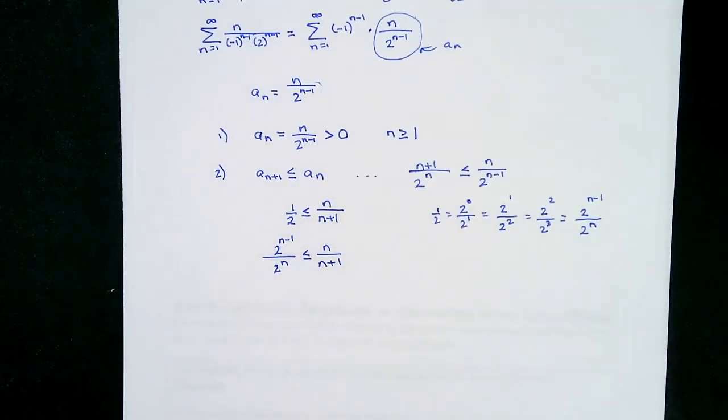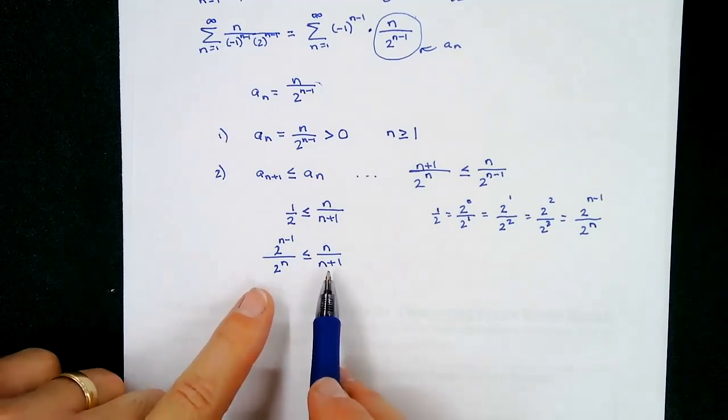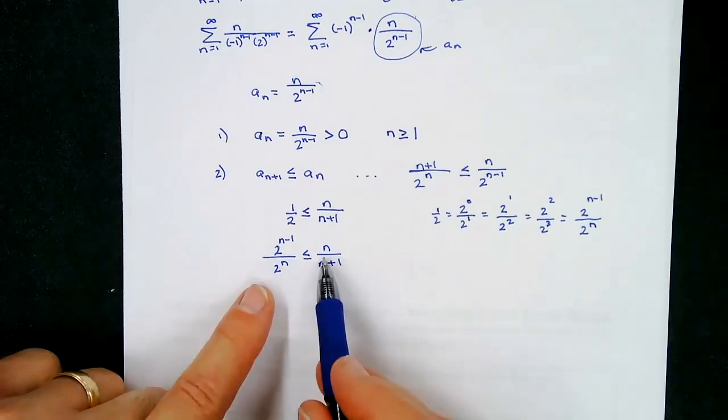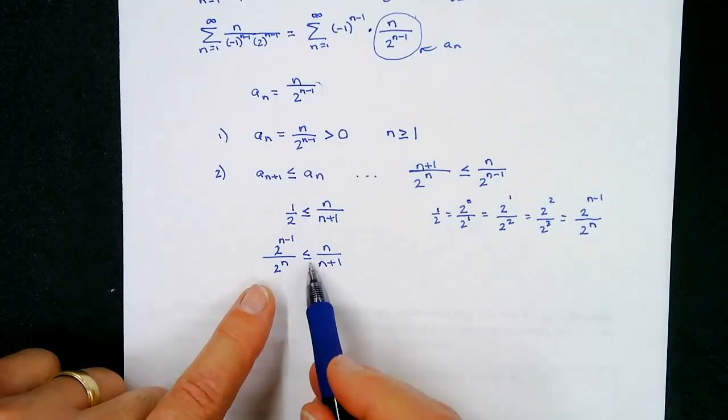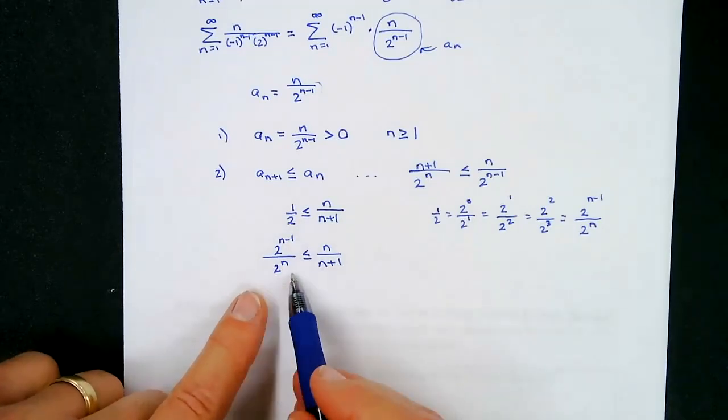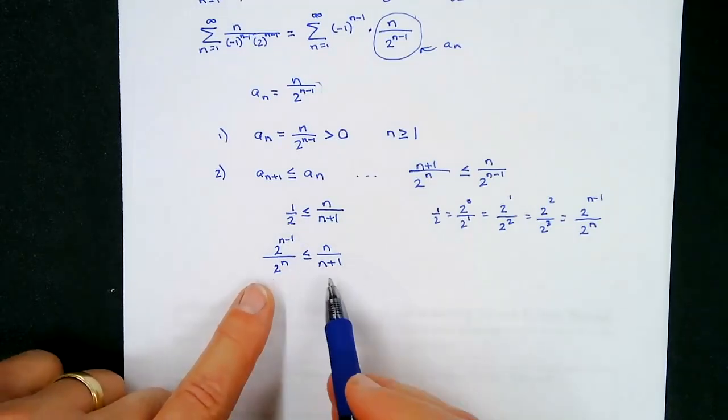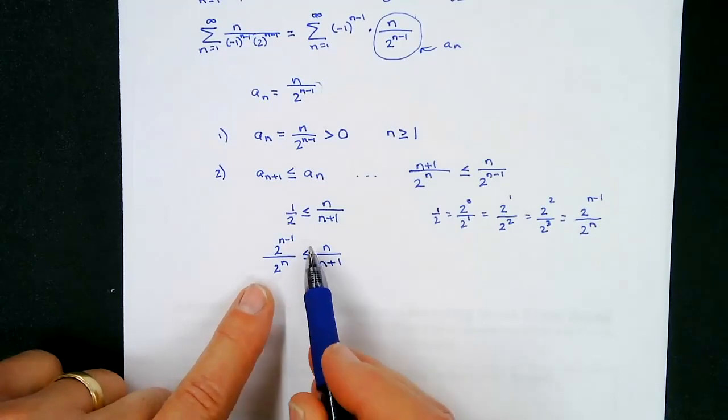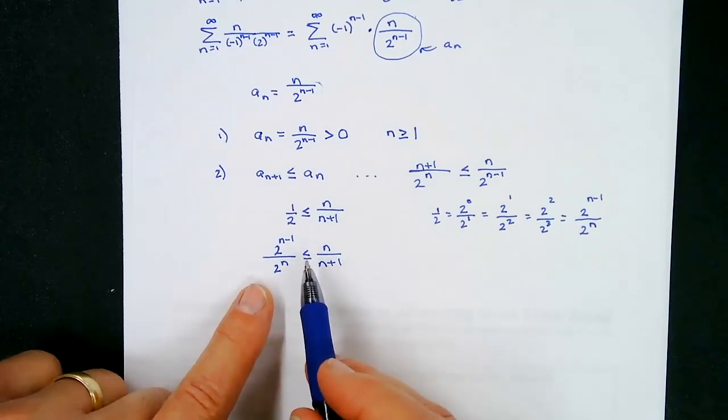Okay. And then what we can do is multiply both sides of this by 2 to the n and n plus 1. Now, why can we do that? Because these are all positive values, so that will not change the direction of this inequality. It's going to stay the same.